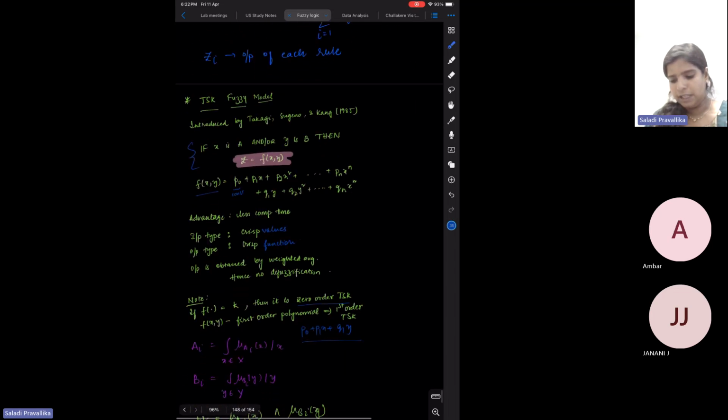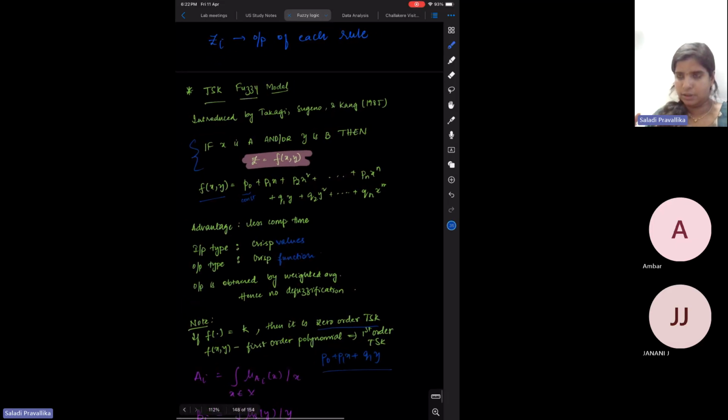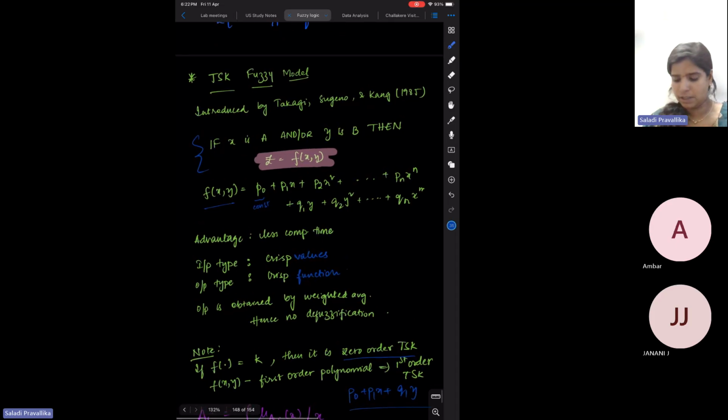And then we have the TSK fuzzy model, where the representation itself is like: if x is A and y is B, then instead of having z is C, we have a polynomial where z is equal to f of x comma y, and f of x comma y is equal to p naught plus p1x plus p2x square, and so on, plus q1y plus q2y square and all of that.